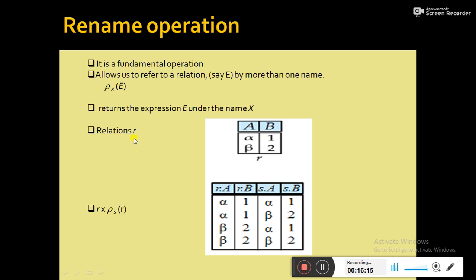Then we can use the rename operation. So R cross rho S of R, which means the relation R is renamed as S. It appears that we are performing Cartesian product between R and S.